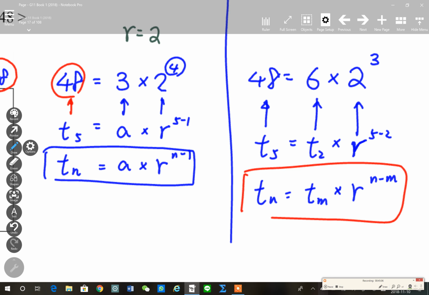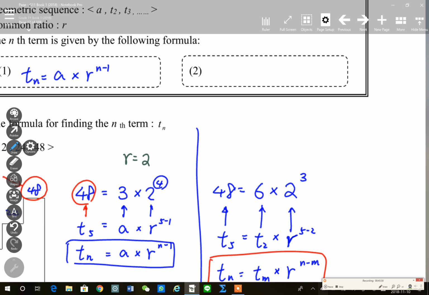Make Tm to A. I need to change M to 1. I just write 1 here, right? n minus 1 becomes that, T1. So this formula is inside here. Understand? So you just have one formula actually. So go back to the top.